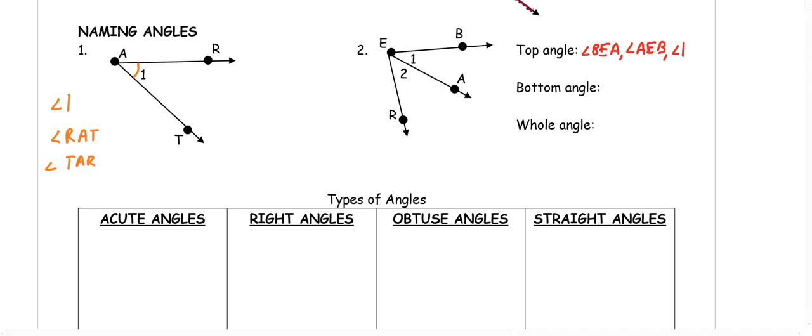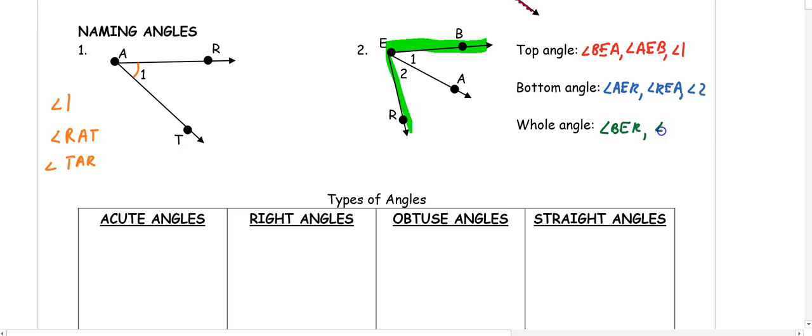The bottom angle underneath, this angle right here, we can name angle AER, angle REA, or we can name it angle 2. The whole angle then is our outside rays, and we can name that in 2 ways as well. We can name it angle BER or angle REB.